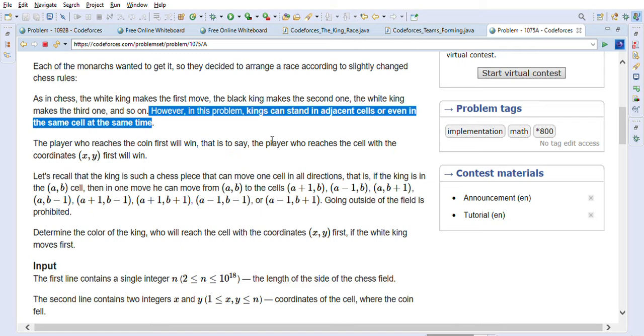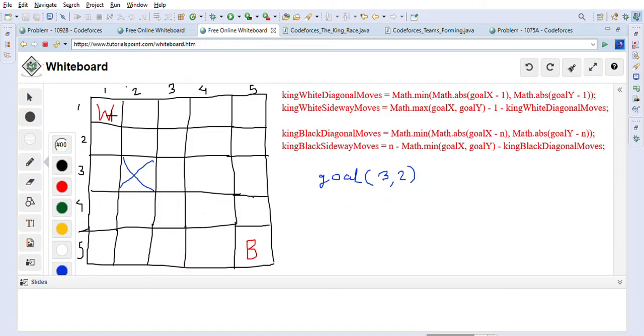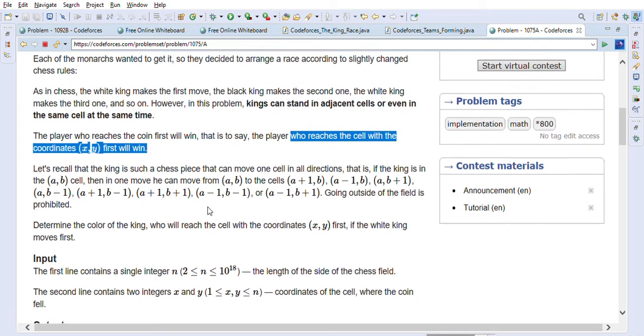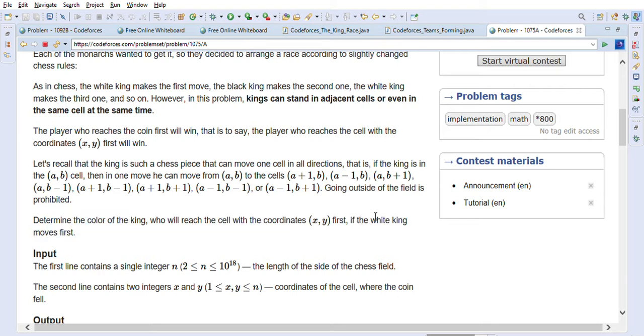That is to say, the player who reaches the cell with the coordinate x y first will be the winner, right? So basically what they are trying to say is whichever king, white king or black king, reaches this coin cell first will be the winner, right? So that's what they said. So determine the color of the king who will reach the cell with the coordinate x y first if the white king moves first, right? They have said that the starting move will be made by the white king, right?